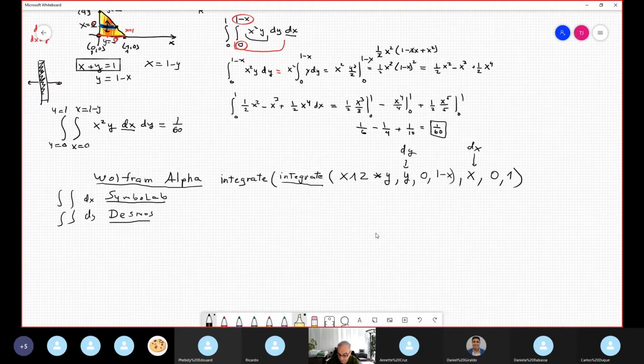Let's do at least one. With Wolfram Alpha, I encourage you to open another application, Symbolab or Desmos. Fantastic, I like Desmos, but it's up to you. But I want to explain Wolfram Alpha.